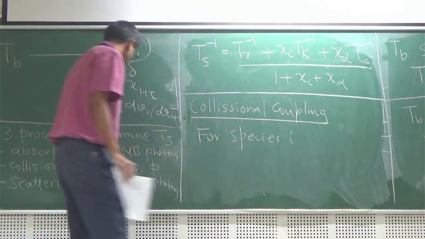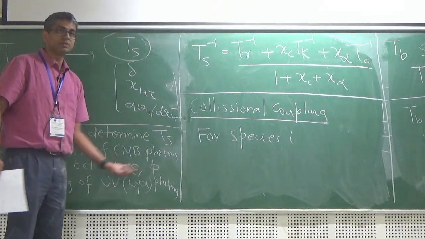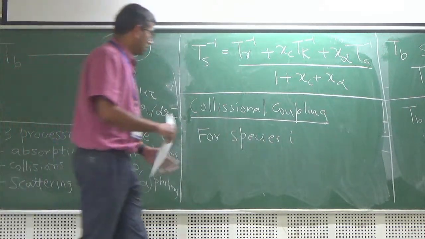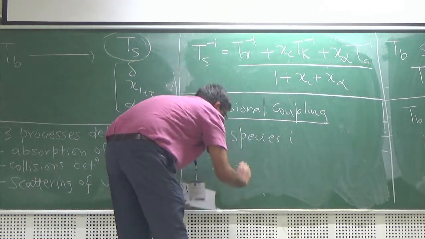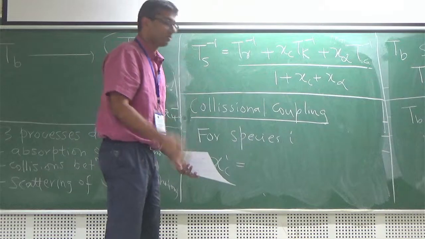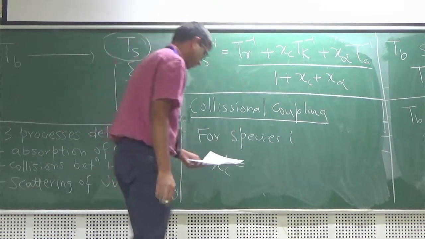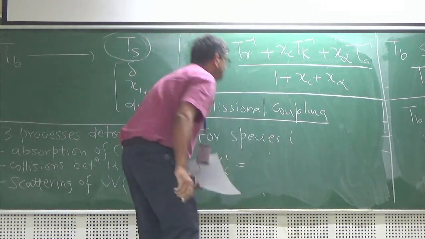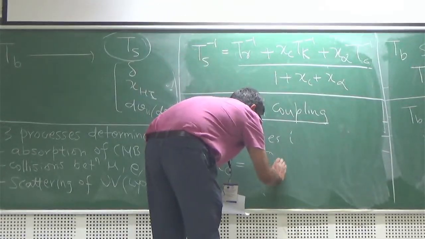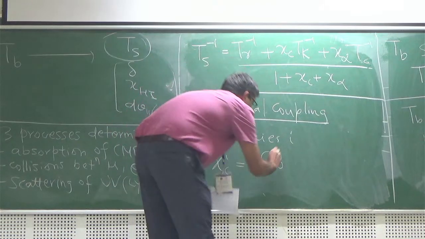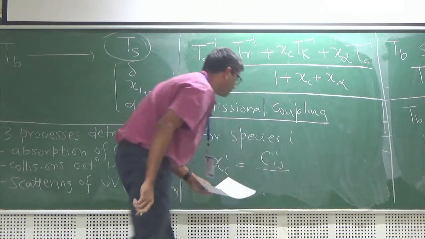And again, it's not just one species, there are multiple species colliding with each other. And so for species i, we have xc,i, a collisional coupling coefficient for each of them, and the total is the sum over all of them.